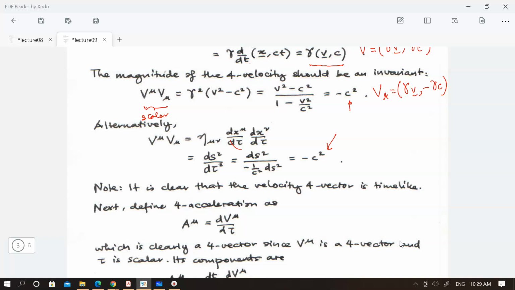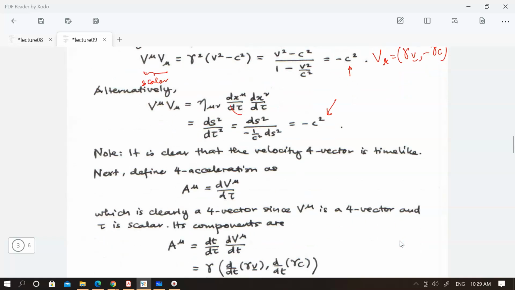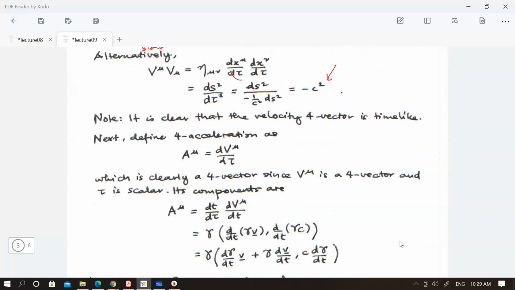The only difference is that it is measured with respect to this proper time. Also, when we take the contraction, this gives you minus c squared, and that's negative, and that means that your four velocity here is actually a time-like vector.